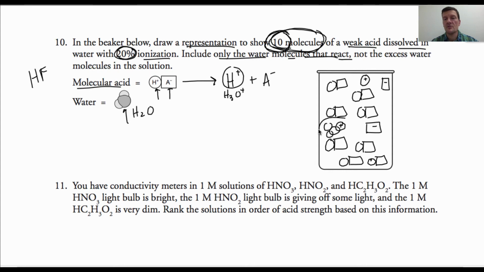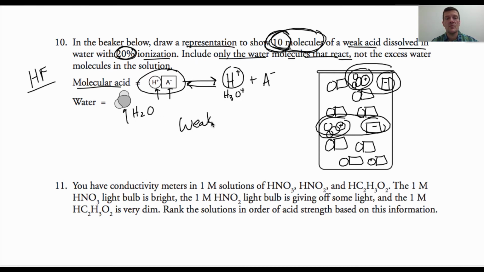There's your water molecule with the H plus. That's your hydronium. Another water molecule with your H plus. There's your hydronium. Alright? So there are the 2, this one and this one. Those are the only 2 that ionize. The others are still stuck together. That's because this is really a weak acid, and when some of them try to ionize, they actually resist that and they turn back into that acid, let's say HF for example. Okay? This is weak. Weak acid.